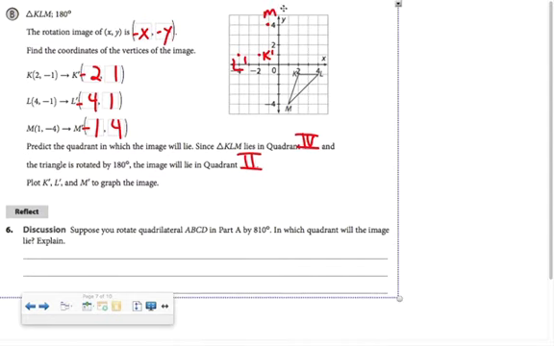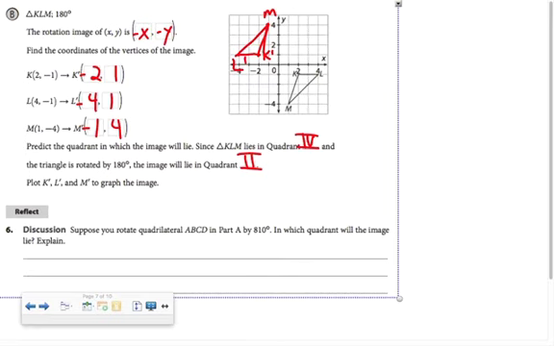And when I connect the dots, if I could draw, there's my 180-degree rotation.